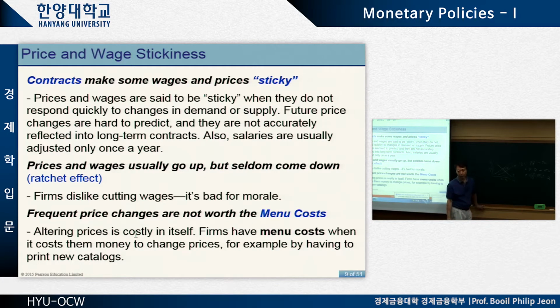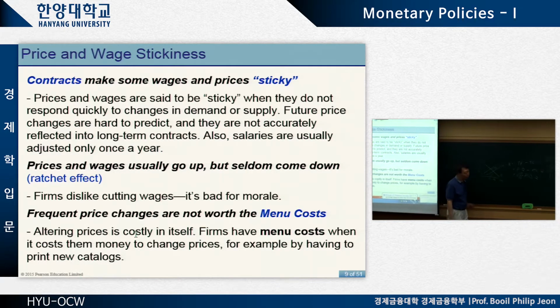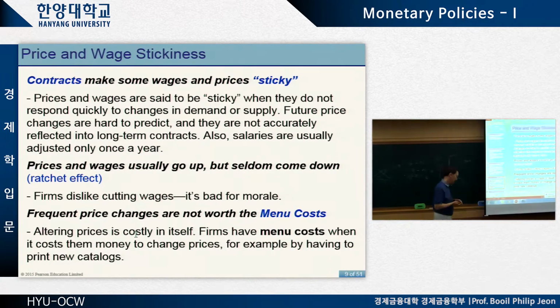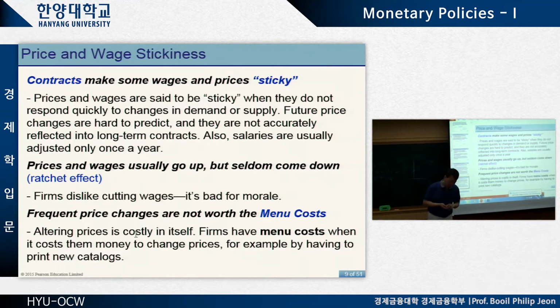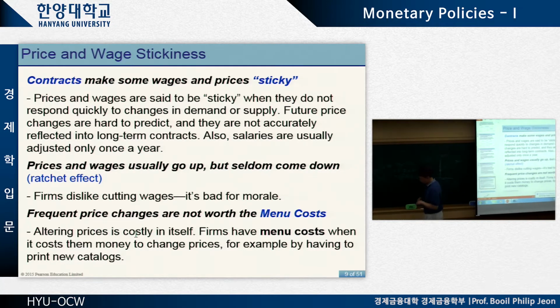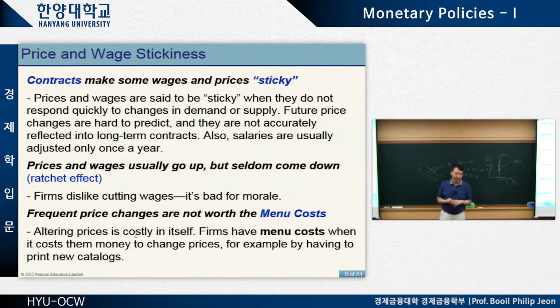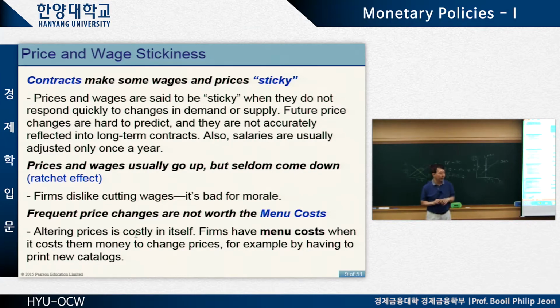And in principle, we assume that we should have this freely adjusting rate, a price or interest rate or whatever. However, especially in the labor market, we see stickiness, and stickiness means the adjustment is rather slow.